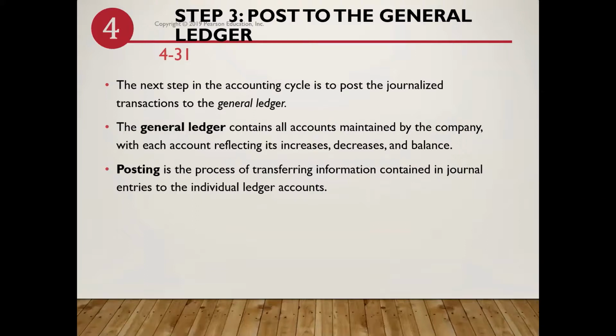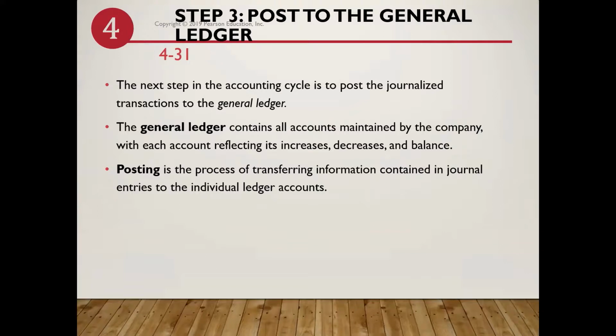An account has a zero balance if debits equal credits. Each general ledger account has columns for the date, explanation, reference, debits, credits, and balance. The reference is the general journal page number.